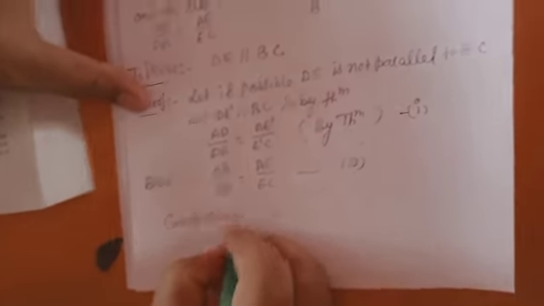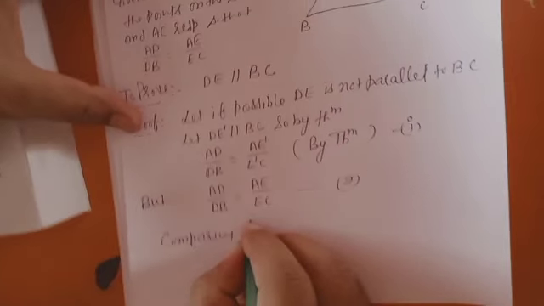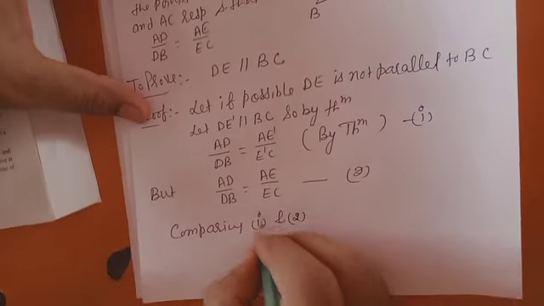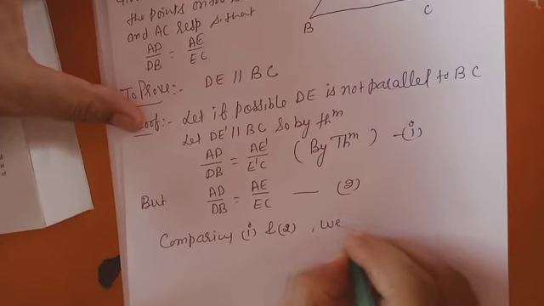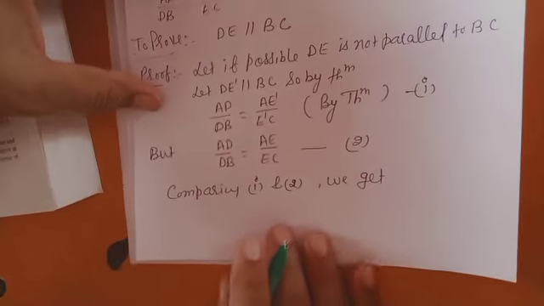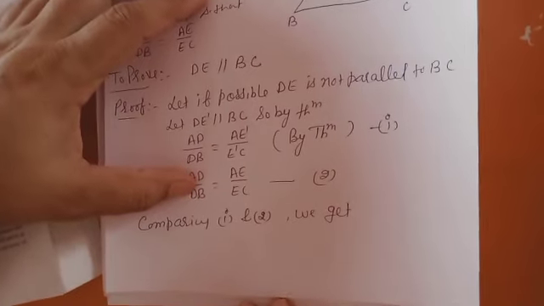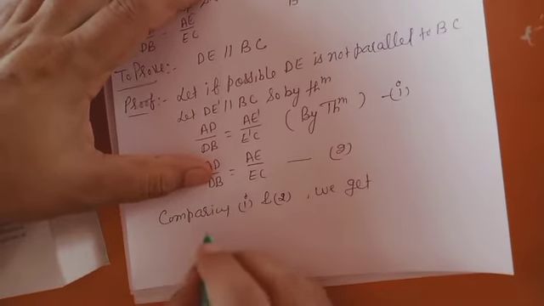Comparing first and second, we get, look one time, the left hand sides of both are equal, so the right hand sides are also equal.